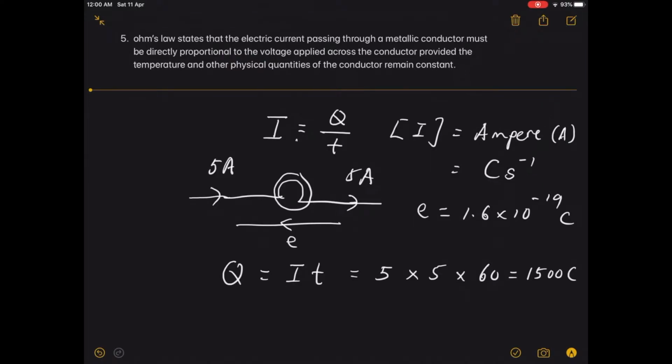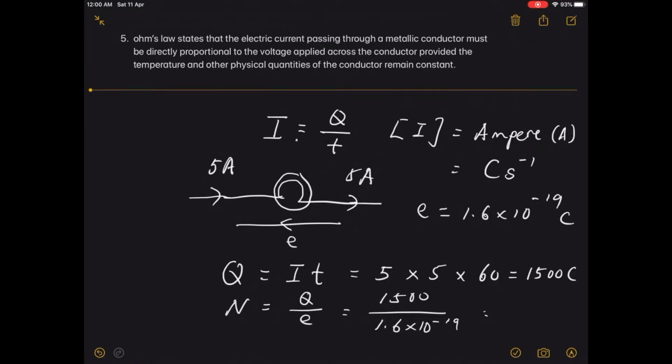5 times 5 times 60, you should get 1,500 coulomb. So to calculate the number of electrons, N, you need to have the Q divided by the charge for each electron. So it's 1500 divided by 1.6 times 10 to the power of minus 19. So I have to calculate.